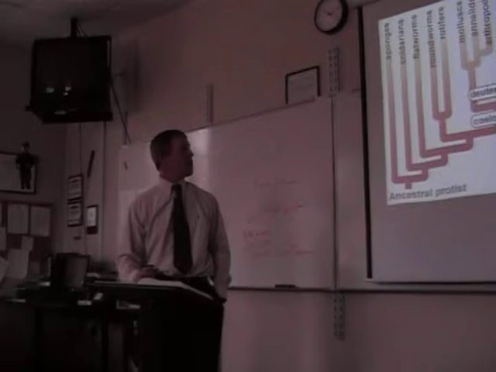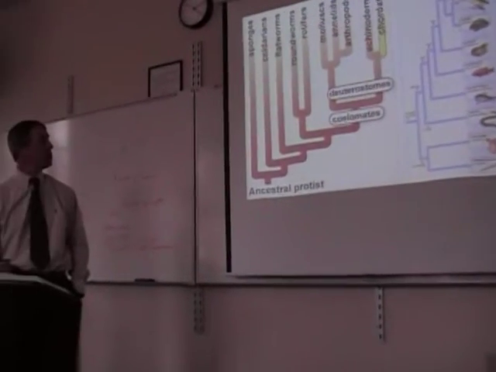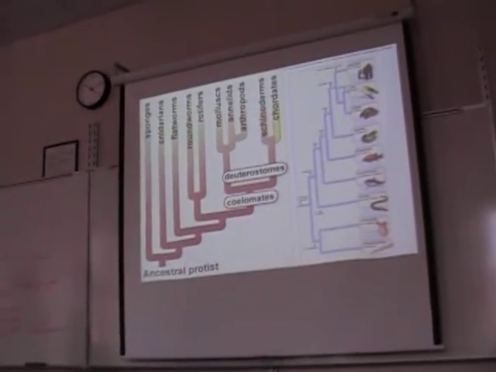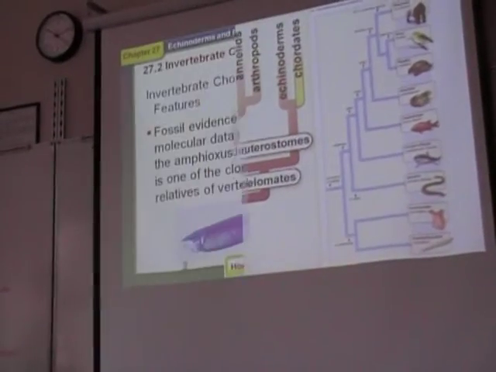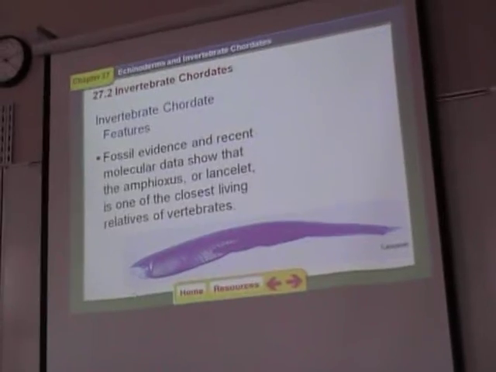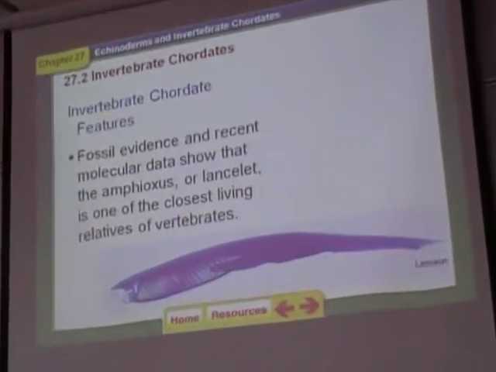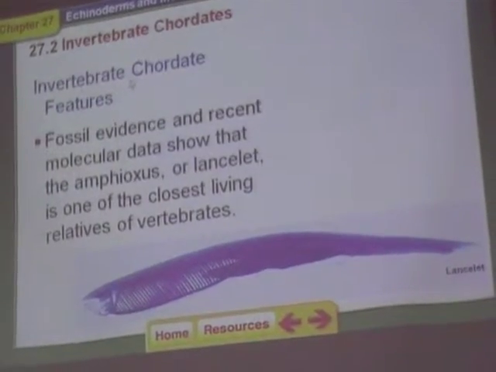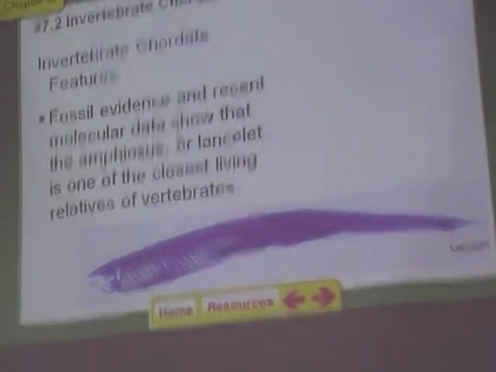So again, chordates are deuterostomes. Deuterostomes mean anus first. Echinoderms and chordates are all anus first. So we start with the first ancestral invertebrates.